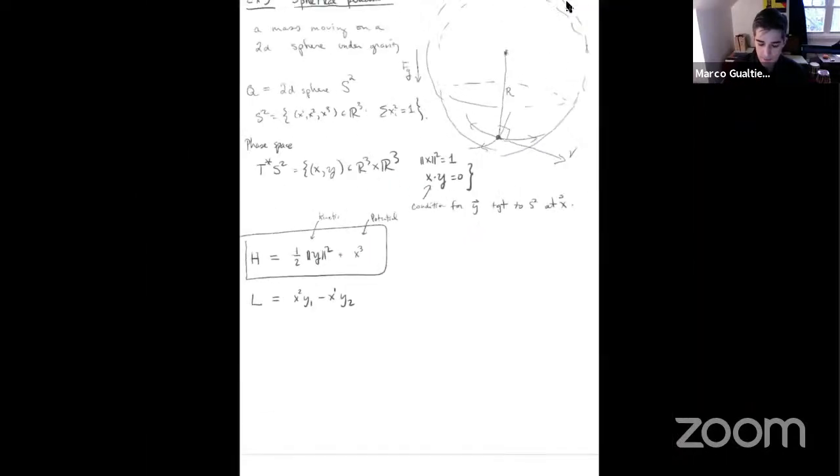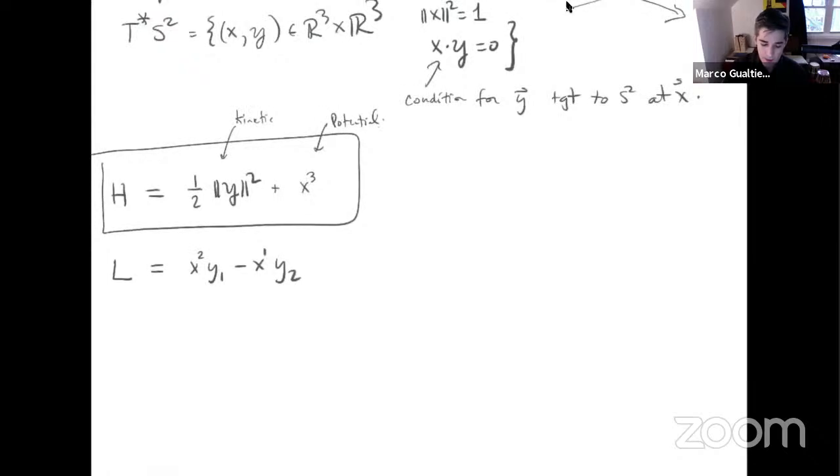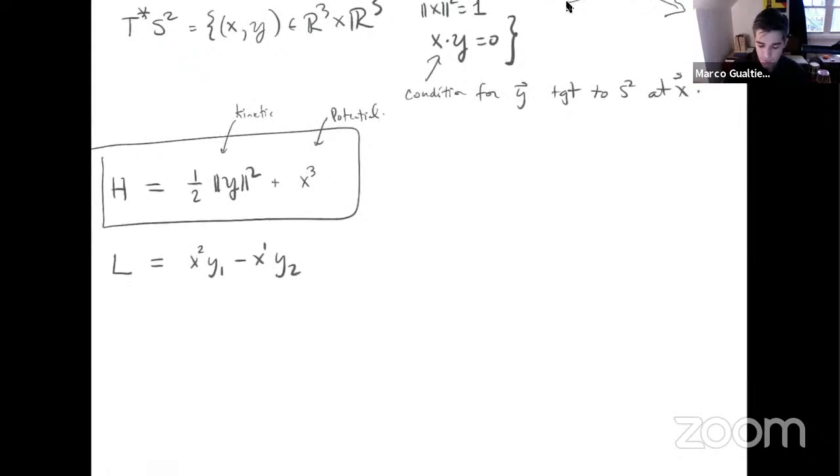If I look at this function, so using the Poisson bracket, this will give me some vector field.